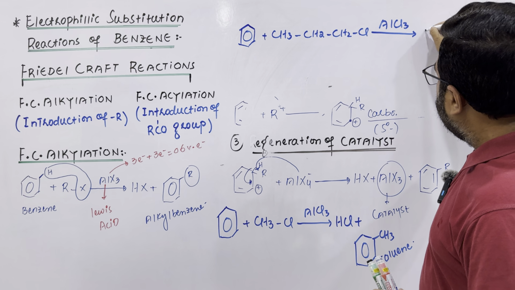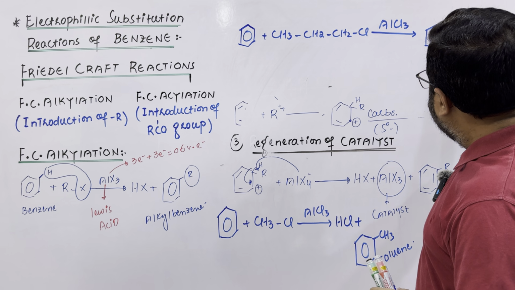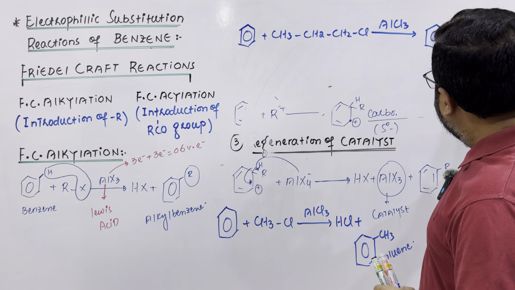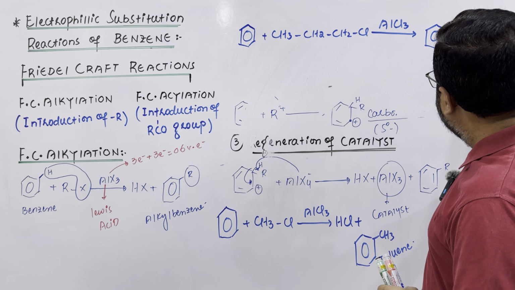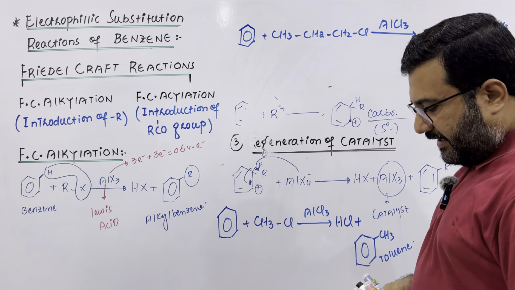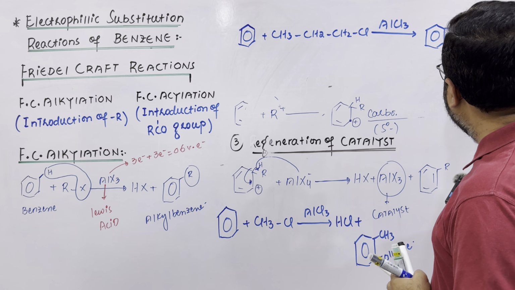What happens? You are expecting that your product will be N-propyl benzene with HCl, but my dear students, in this case, this N-propyl benzene is not created.